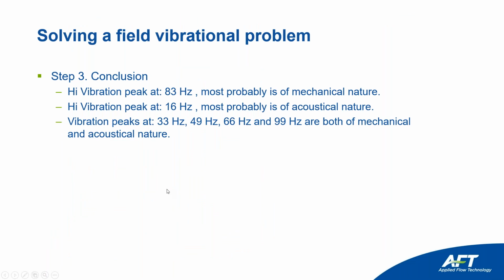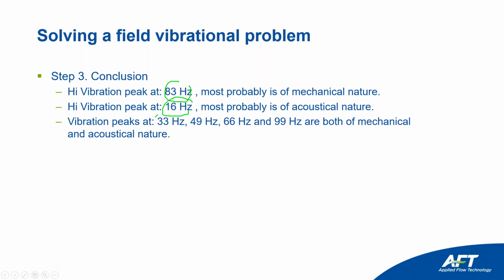So when you do the mechanical analysis using a pipe stress program, we conclude that the high vibration at 33 hertz is most probably of a mechanical nature. High vibration at 16 hertz is most probably of acoustical nature because it didn't show up in the mechanical.